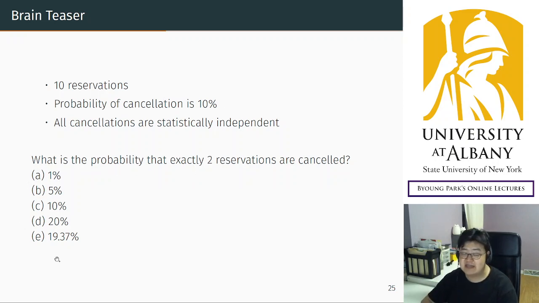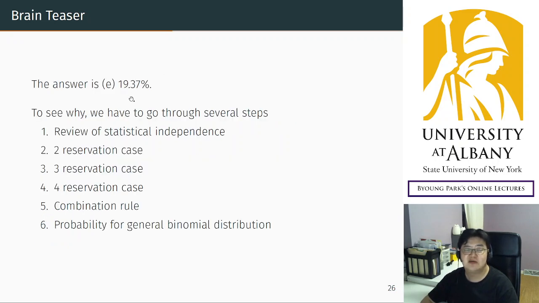Here, just guess. We are going to derive how to solve it. I'll show you how to solve this question, and the answer. If you try to guess it, actually, the answer is the seemingly least likely answer. E is the answer. The correct answer is 19.37%.